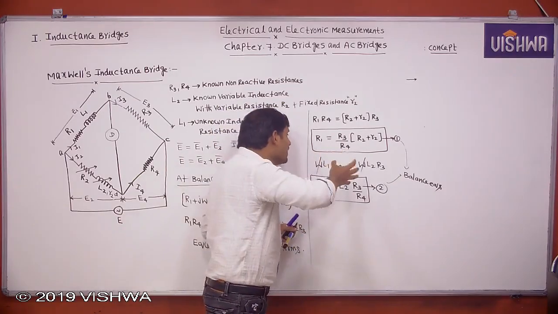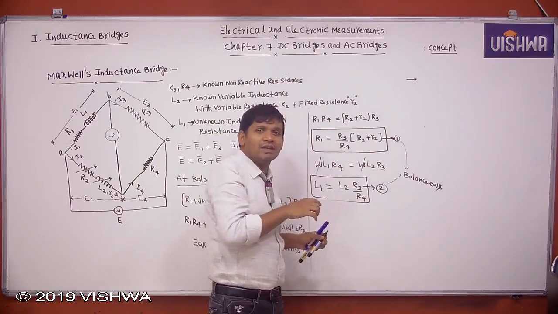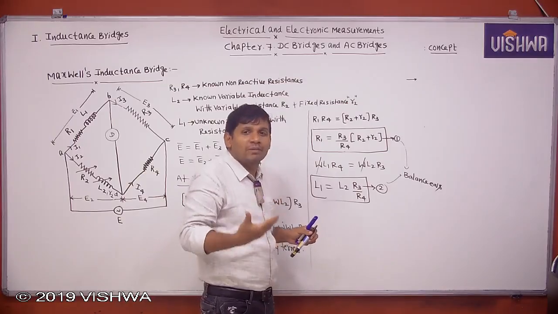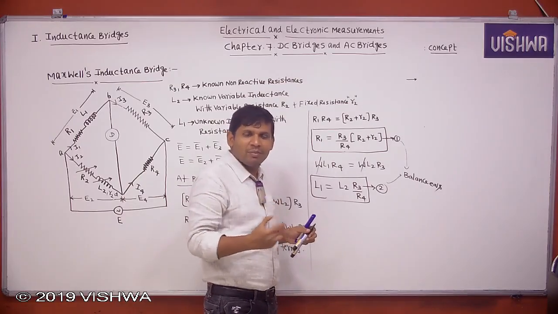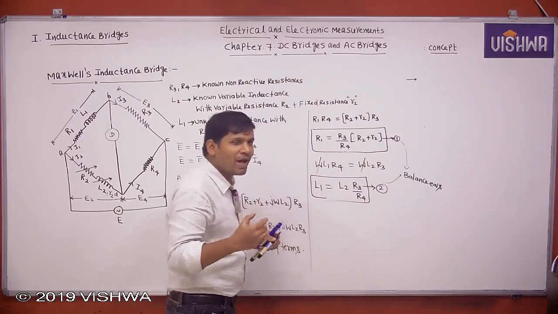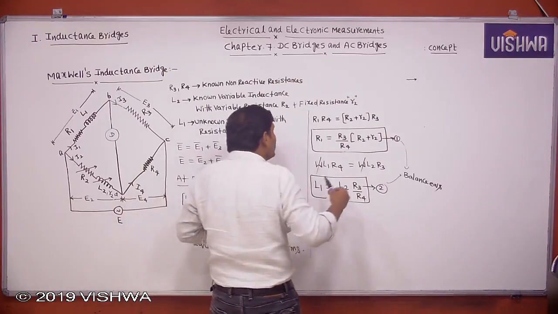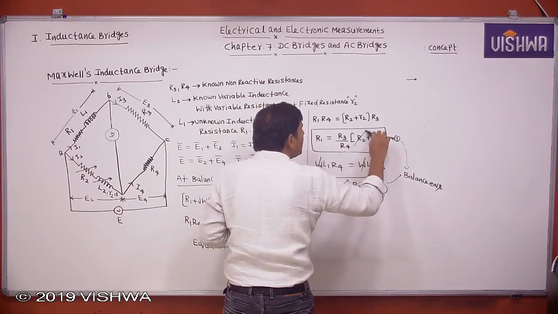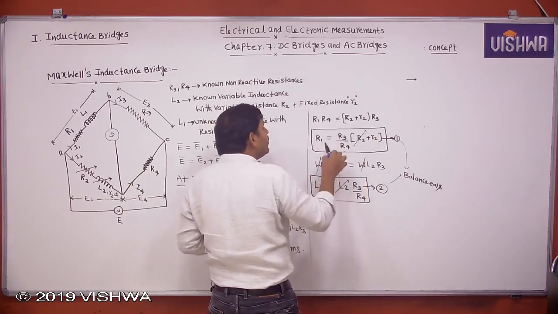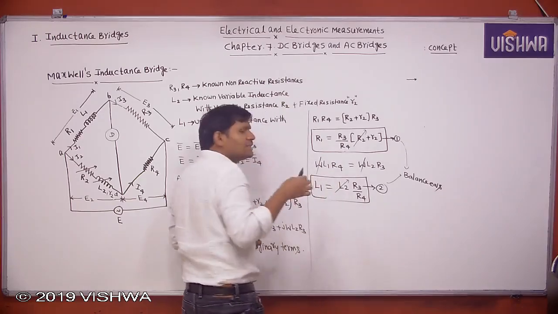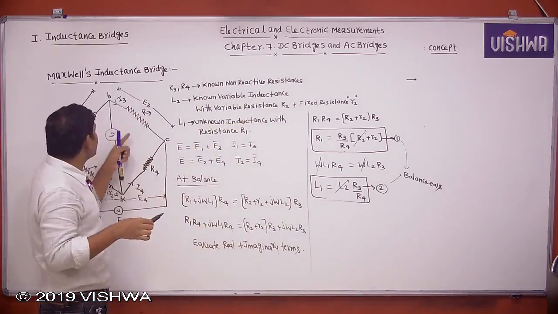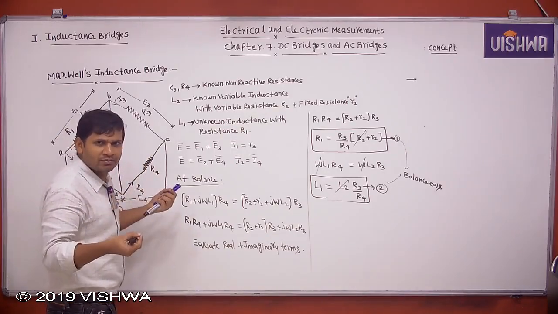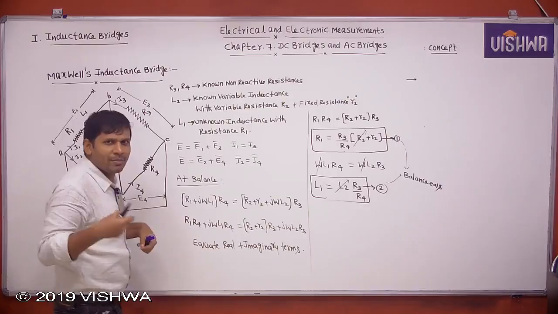If they consist of frequency, then balancing the bridge takes more time. How do we bring the bridge to balance? By varying the variable parameters, we fix R1 and L1 in such a way that the galvanometer shows zero deflection, or if it is headphones, the sound is minimum. Then we can say the bridge is balanced.